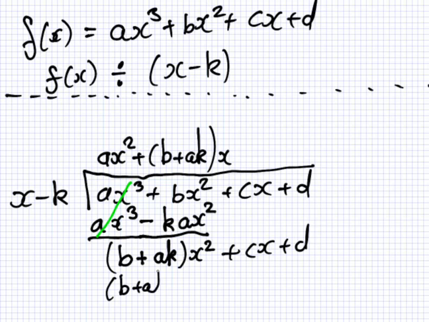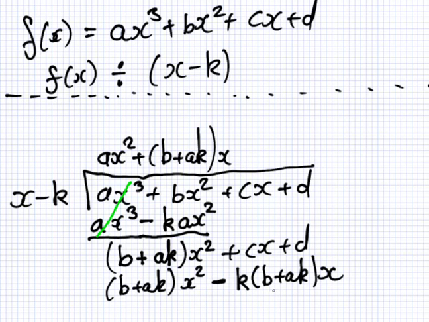Okay, so what do I need first? Yep, I need ax squared. So that'll give me ax cubed minus kax squared. Okay, now I subtract.